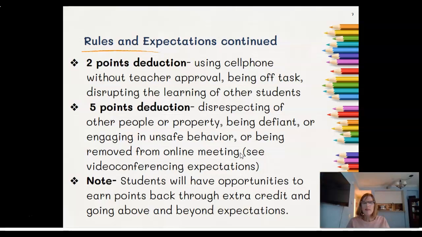So 5 point deductions are bigger: being defiant, or putting yourself or other students in jeopardy or harm. At that point, that involves parents and administrators. But again, I'm always about choices and consequences and stressing, let's make good choices, right? Because we don't want to face the consequences.